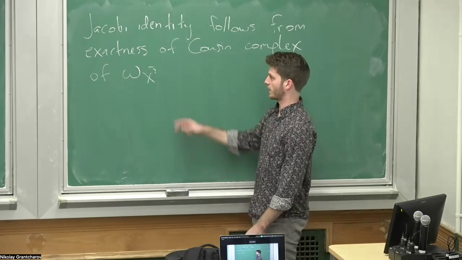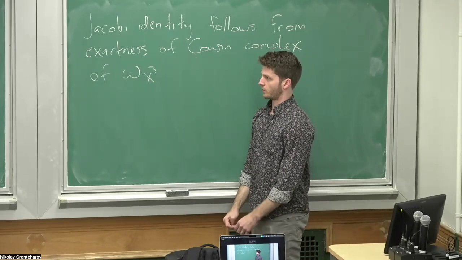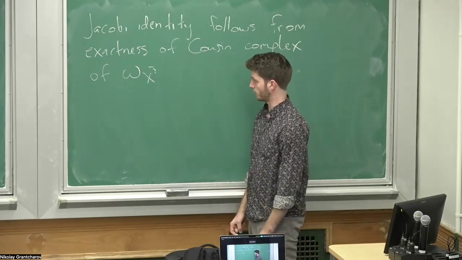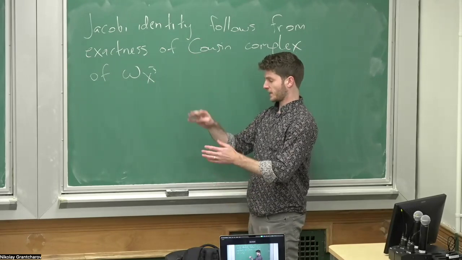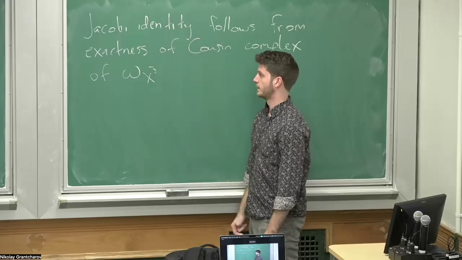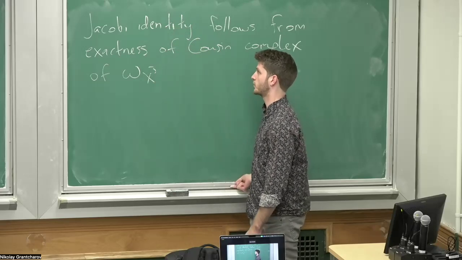So if you write this down, there'll be some Cousin resolution, or you can write it as a complex. And I think exactness at one of the steps, if you write down what that exactness says, will exactly produce it.